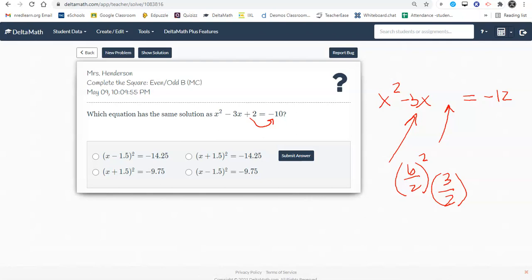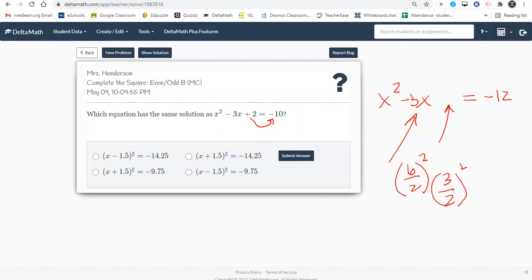So 3 halves squared, or 1.5 squared, will be 2.25.